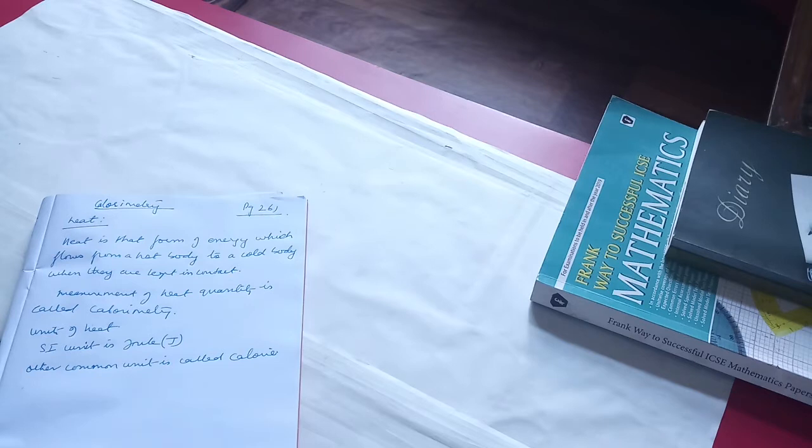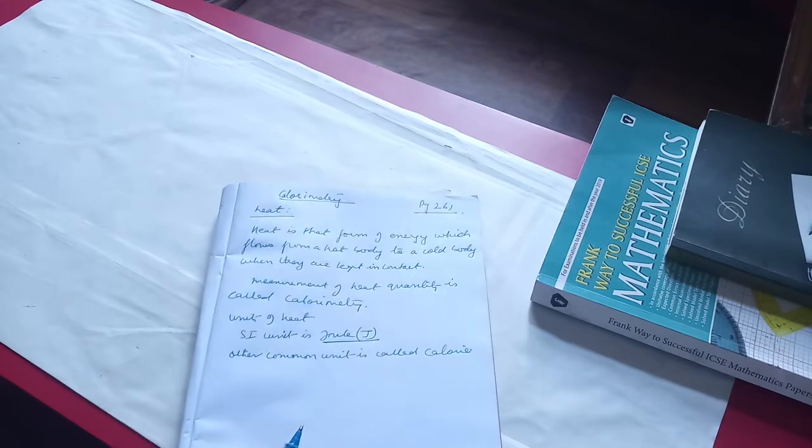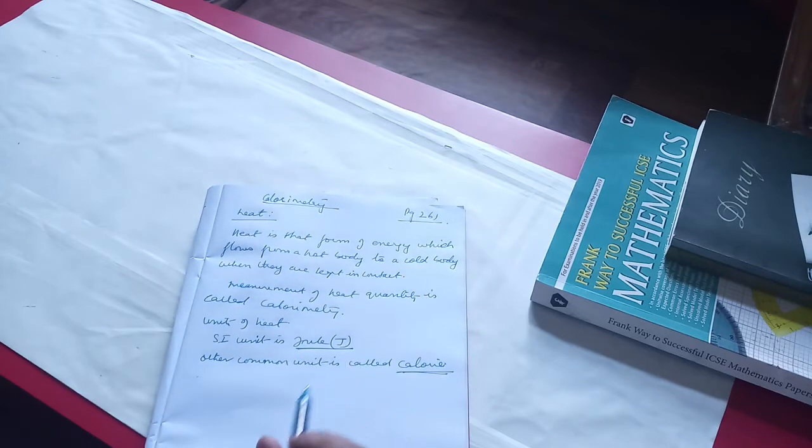Now the important point here is the unit. The SI unit of heat is joule. But here we are going to discuss the common unit of heat, which is the calorie.